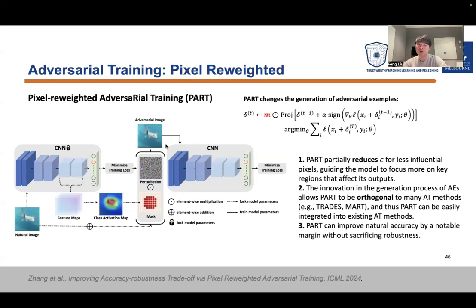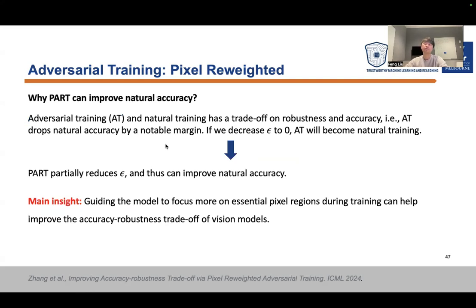In the experiments, we also found that for this method, the trade-off between adversarial robustness and natural accuracy is improved a lot. Specifically, natural accuracy is improved a lot, and adversarial robustness is maintained or slightly improved. So that's the main idea of pixel-related adversarial training, and why it can work and help us improve the natural accuracy.